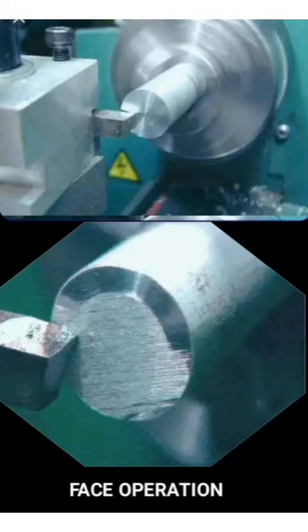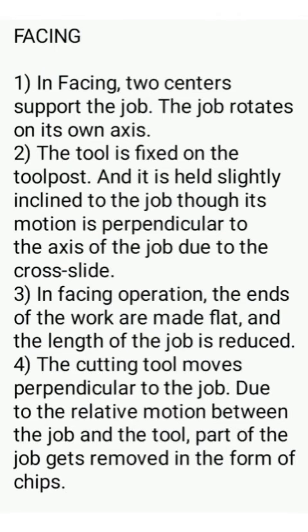Number 3. In facing operation, the ends of the work are made flat and the length of the job is reduced. Number 4. The cutting tool moves perpendicular to the job. Due to the relative motion, part of the job gets removed in the form of chips.